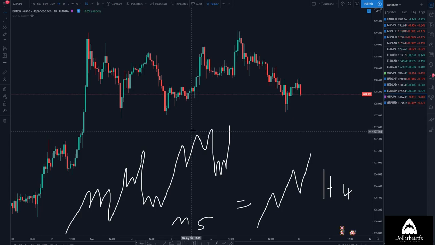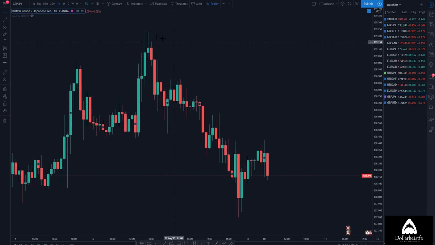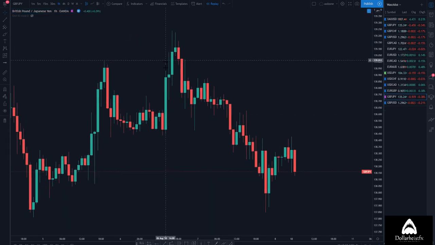I know there are a lot of candlestick patterns, and to be honest, for the past years I have been trading, I don't actually focus a lot on them. I know there are hammers, shooting stars, and dojis. If you focus on candlestick patterns, you are only focusing on one particular area.